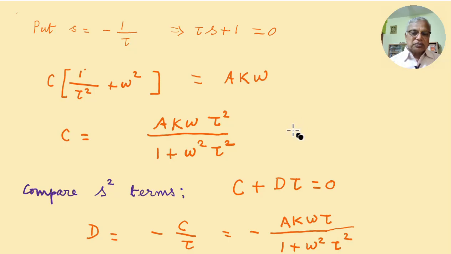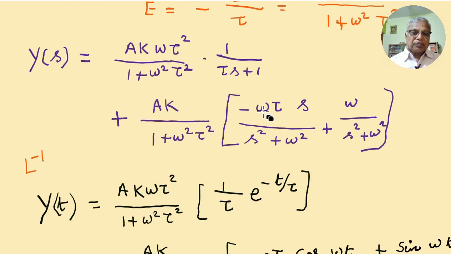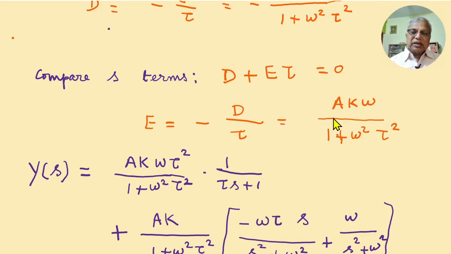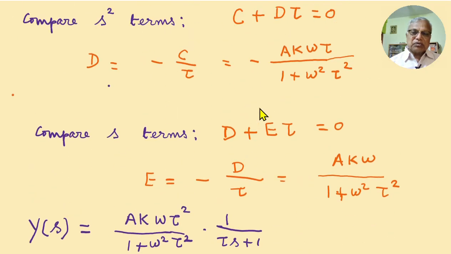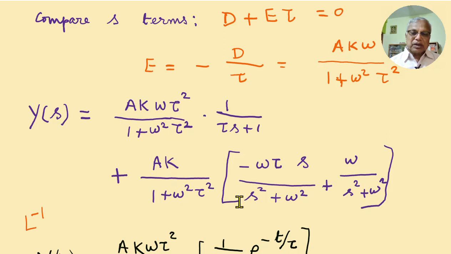If you do so, you get y of s equal to A K omega tau square by 1 plus omega square tau square, the first term C by tau s plus 1, and this is the second term with D and E. Here A K by 1 plus omega square tau square is common for D and E.